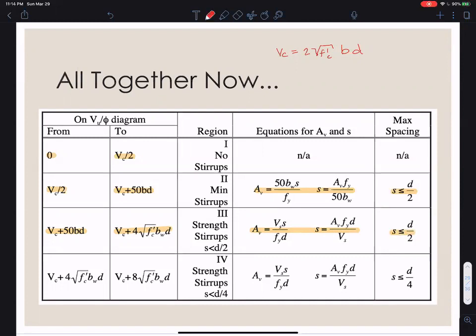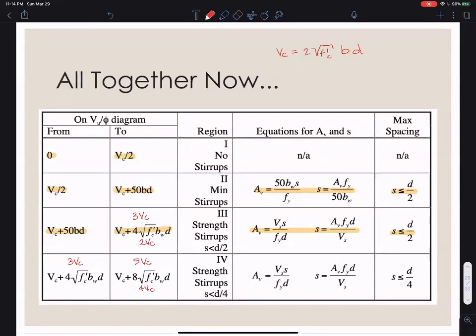Now, this is where I want to use the concept of measuring everything in terms of Vc. Can you see that 4 square root f'c is 2 Vc's? Because 1 Vc is 2 square root f'c b d. So that's a total of 3 Vc. Similarly, can you see 8 root is going to be 4 Vc's for a total of 5 Vc.